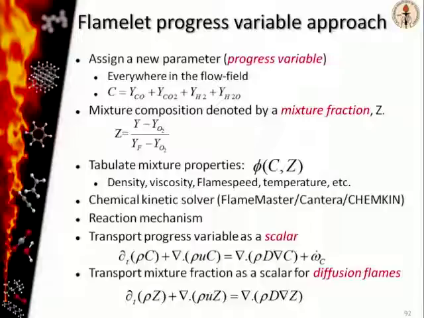Basically, you know that if you are going from a completely unburned state of fuel to a completely burned state of fuel, you're essentially going through a whole series of different thermodynamic states. So what we do in this case is we make a table that captures all the different thermodynamic states that are possible when you're going from the unburned fuel-air mixture to the completely burned fuel-air mixture.